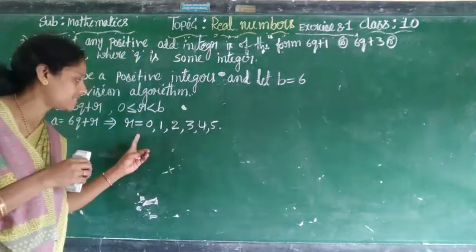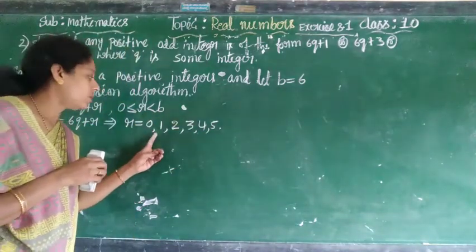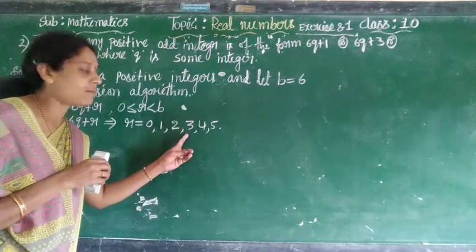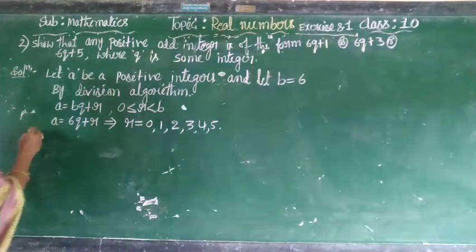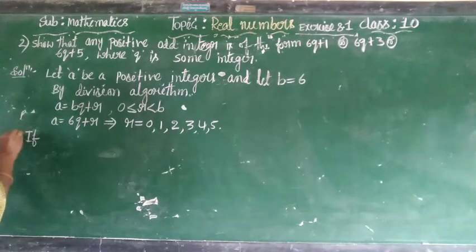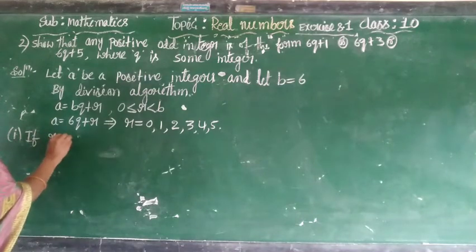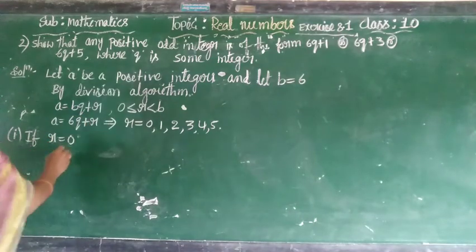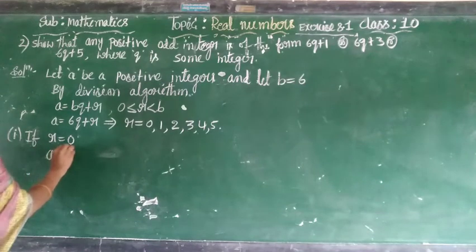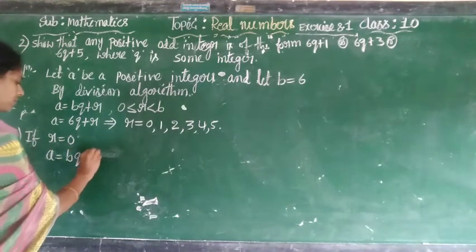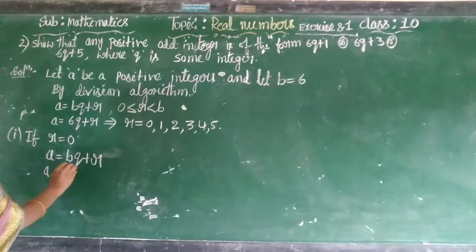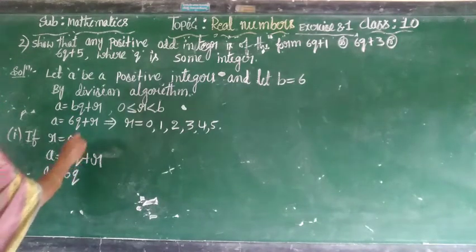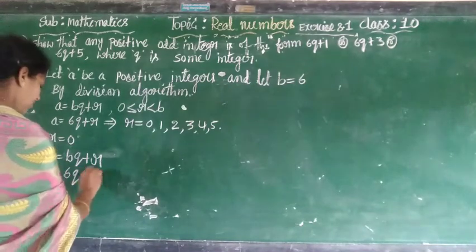That is, the remainders are 0, 1, 2, 3, 4 and 5. So the first condition: if r is equal to 0, then a is equal to bq plus r, a is equal to 6q plus 0.